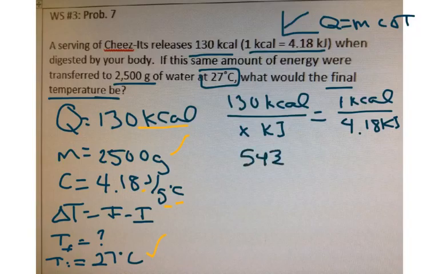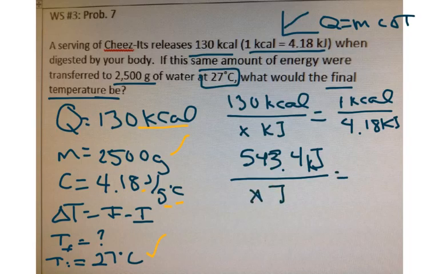So when I cross multiply this, I get 543.4 kilojoules, I apologize, kilojoules. Then, knowing another proportion, because I need to be in joules, once again I'm going to figure out X joules, and that is equal to 1 kilojoule.